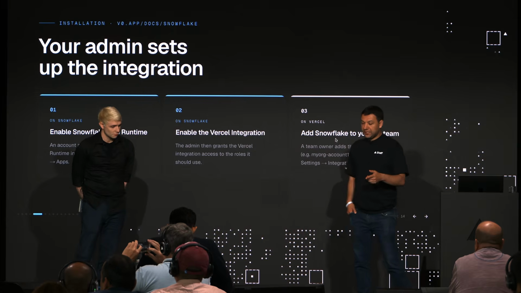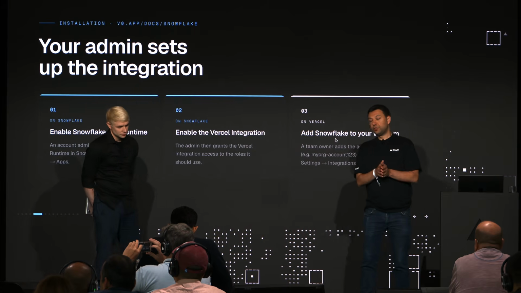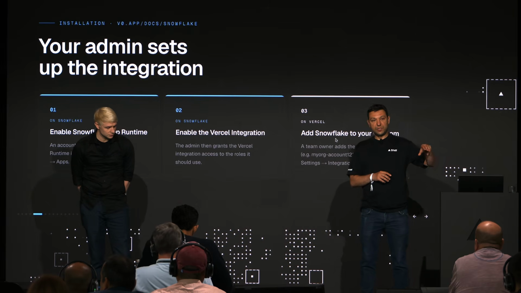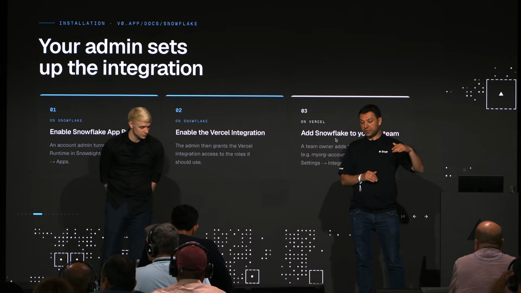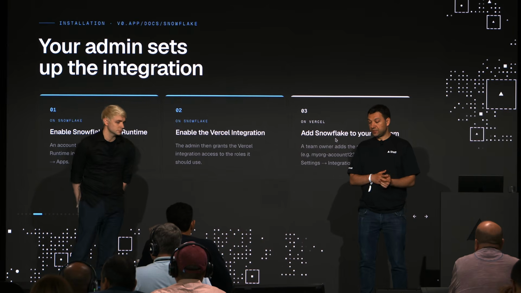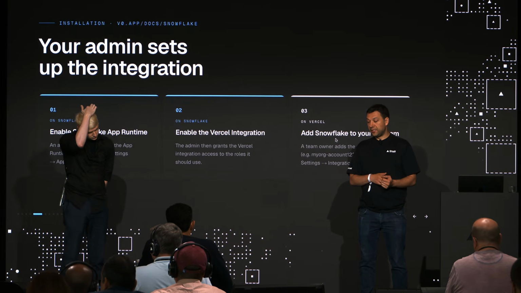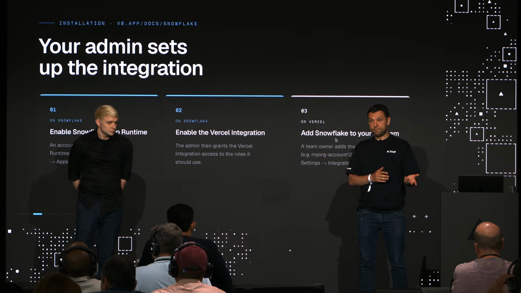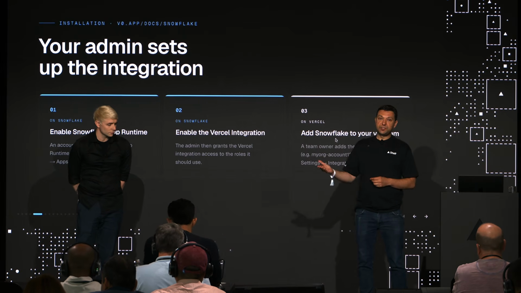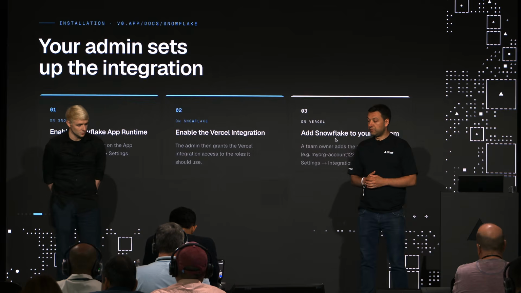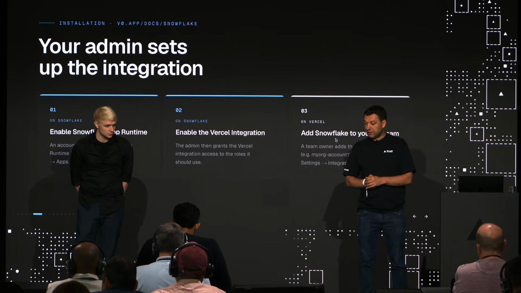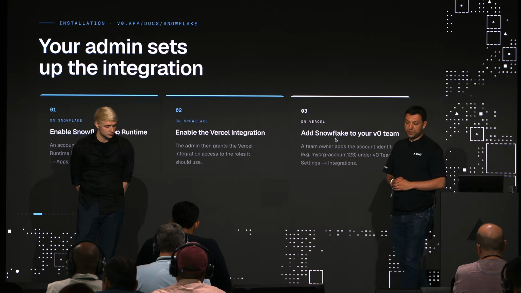I can describe that. In order to use this integration, your admin on your enterprise Snowflake account needs to enable the Snowflake app runtime in settings, and then enable the Vercel integration. Those are 2 steps you need to do in order to use it. On the Vercel side, your admin needs to add Snowflake to your V0 team. Go to settings and integrations.